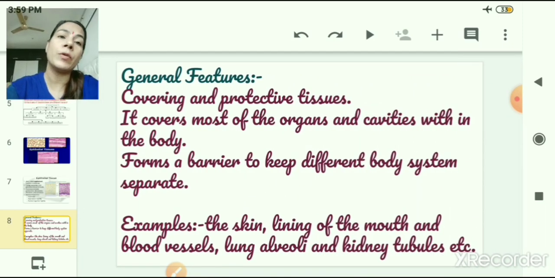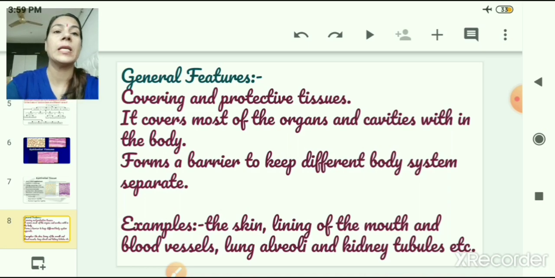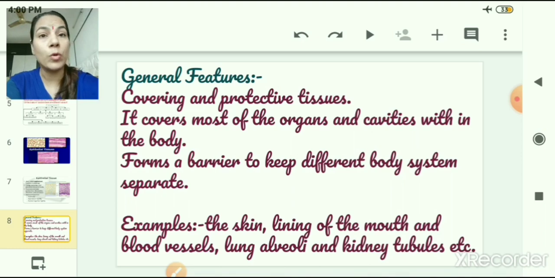Now let us discuss some more general and common features. These are covering and protective tissues. They cover most of the organs and cavities within our body. So most of the organs which are present in our body are surrounded by or covered by layers of epithelium.